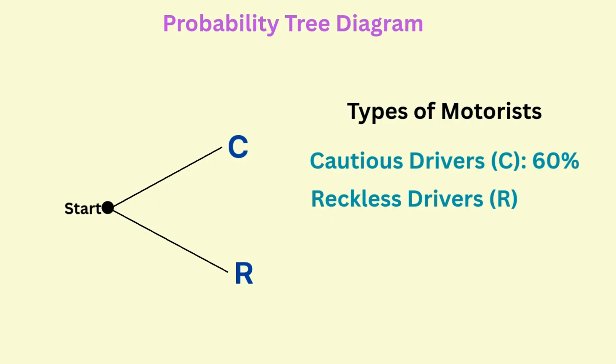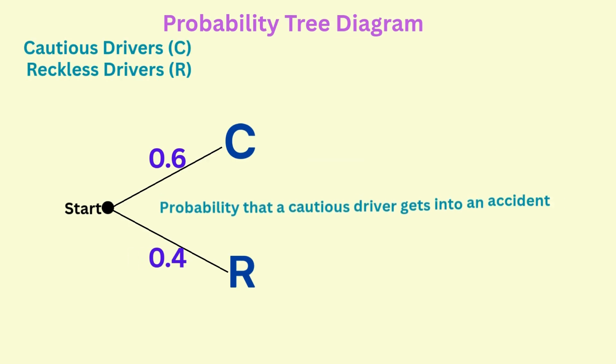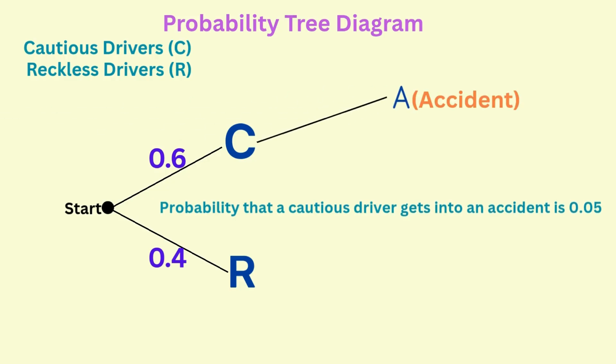That means the probability a randomly selected driver is cautious is 0.6. The rest, that's 40%, are reckless drivers. That's 0.4.